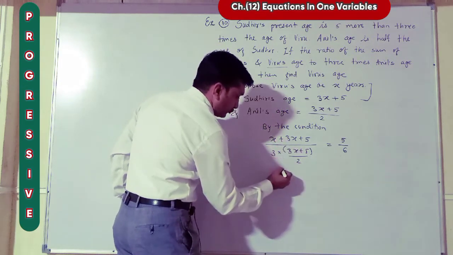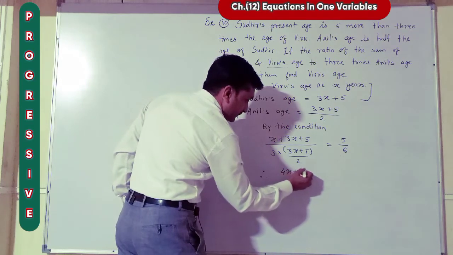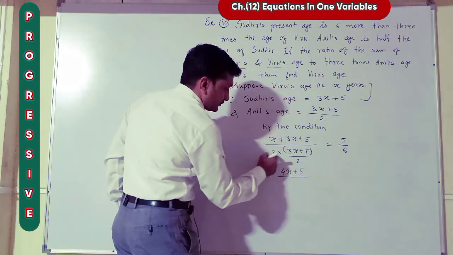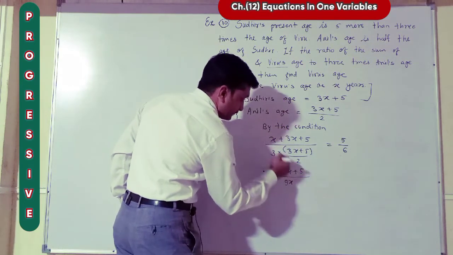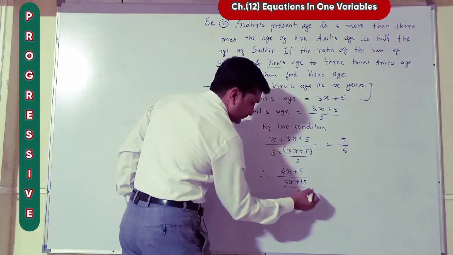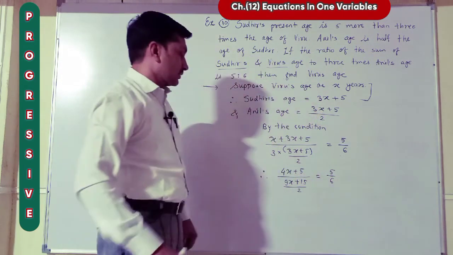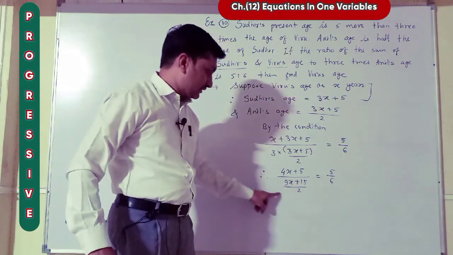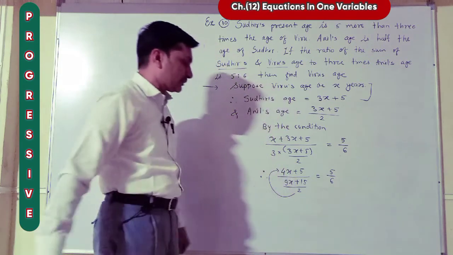Now here addition 4x, therefore 4x plus 5 upon, now here multiply by 3 to numerator only. 3 3s are 9x plus 5 3s are 15 upon 2 is equal to 5 upon 6. Now here this upon 2 will come here in the numerator. It is third denominator. It will come here, multiply.